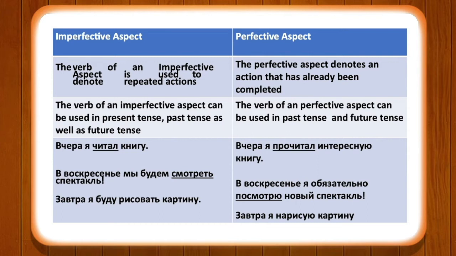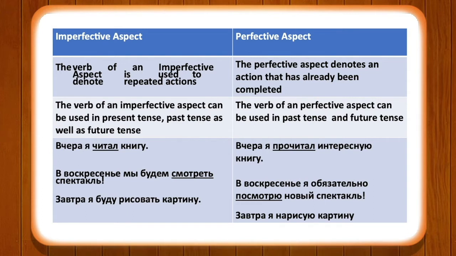For using the perfective verb in future tense, we simply conjugate the verb, since perfective verbs do not have present tense. So, в воскресенье мы будем смотреть спектакль, and в воскресенье я обязательно посмотрю новый спектакль.